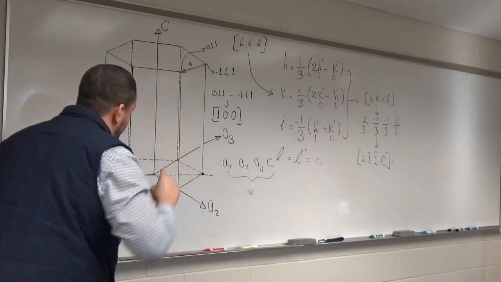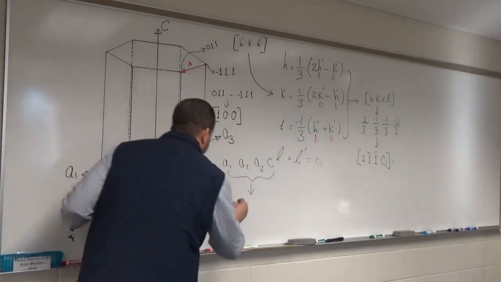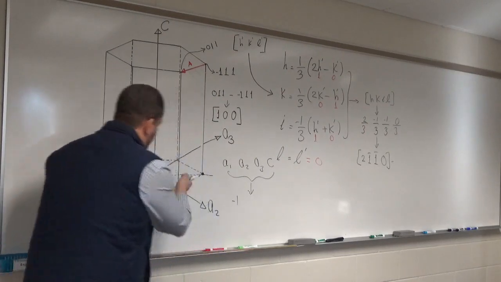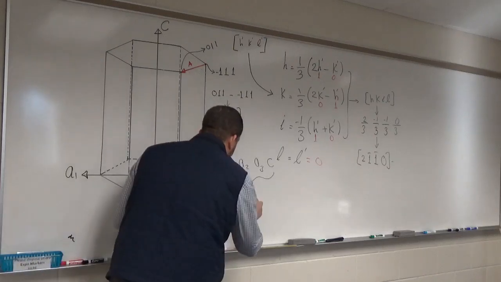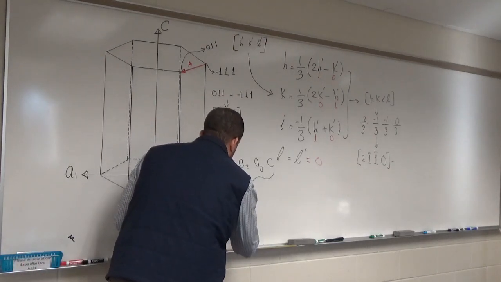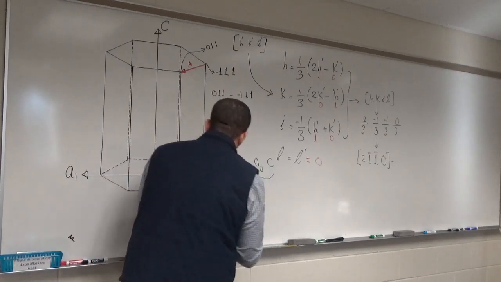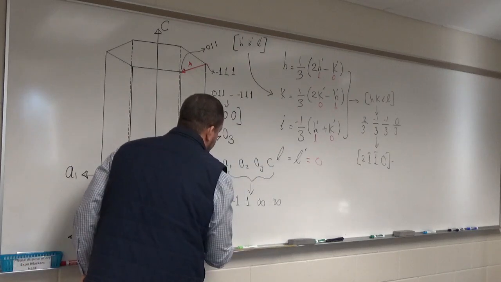Let's see. Now what do we have? So A1 is -1, and A2, you can see that this surface intersects with A2 at 1. So we need to have 1 here. And A3, infinity, and C is infinity.